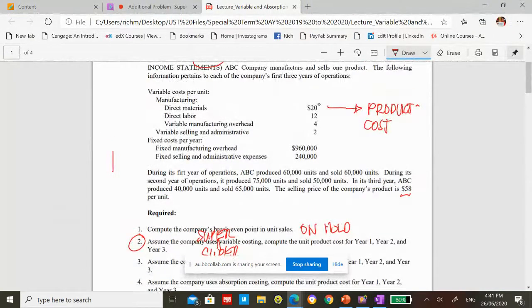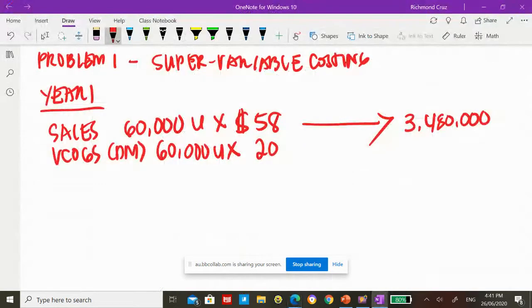That is the direct material cost, and this is 1,200,000. Tama ba?